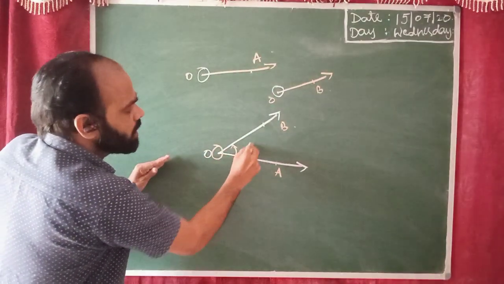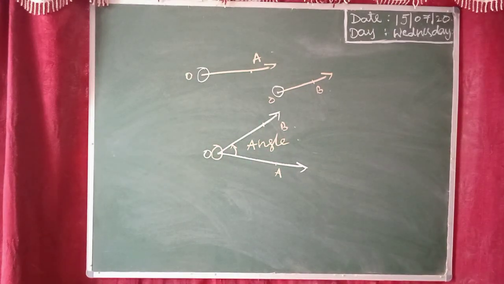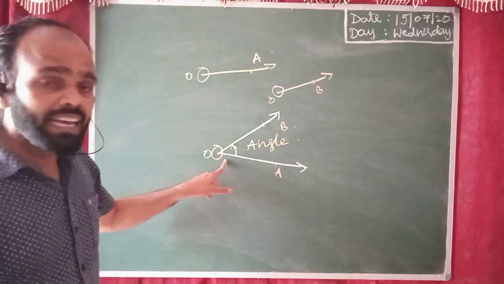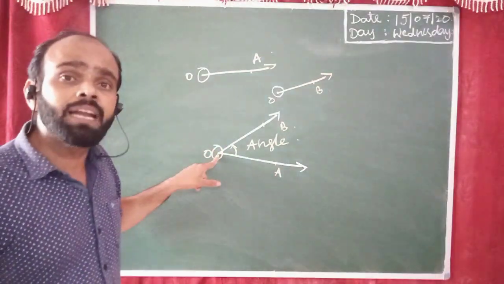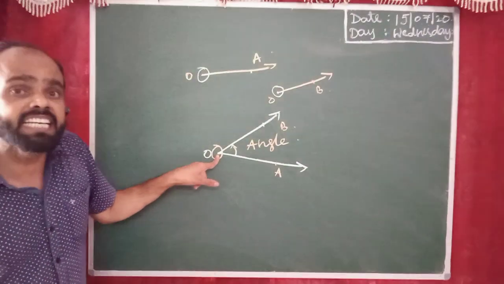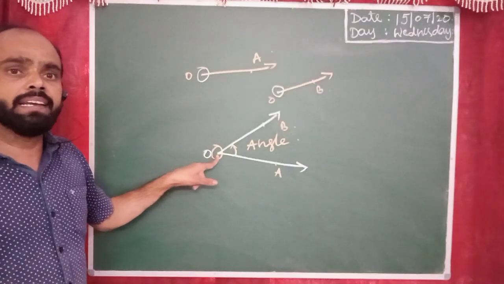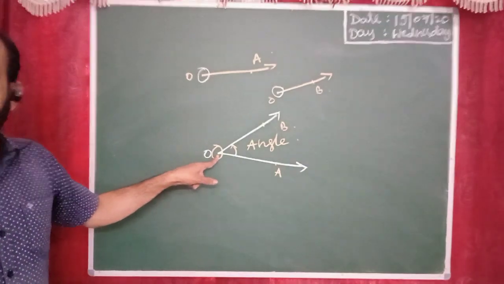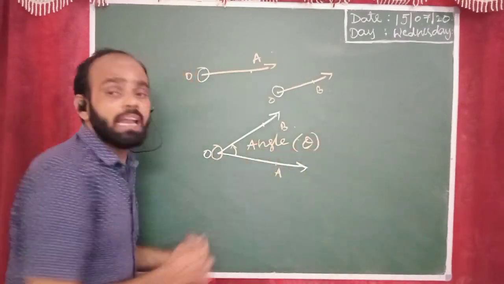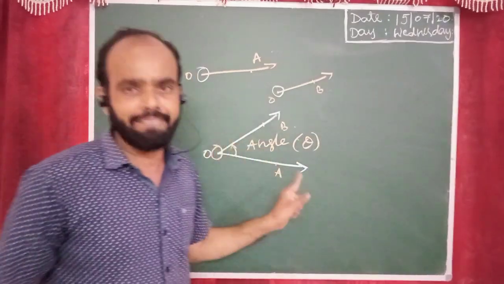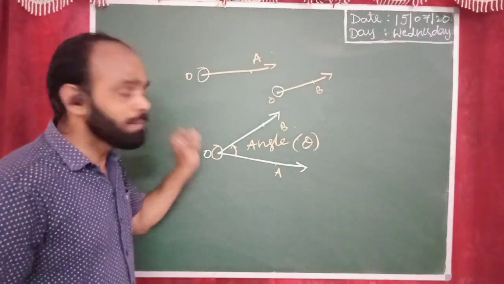Then this region we call an angle. Now the angle definition is the union of two rays with one common initial point. The union of two rays with one common initial point is what we call an angle. And angle in general is denoted by the symbol theta.